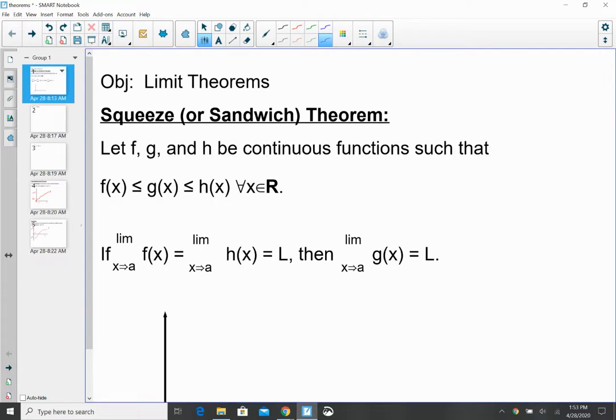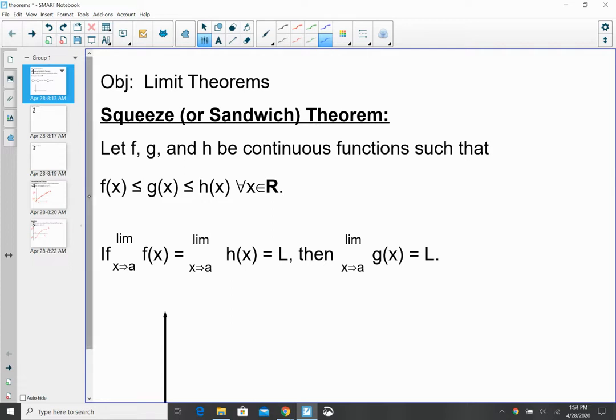Okay, so in order to use the squeeze or sandwich theorem, the concept is that we know something about two functions and we know a little bit about a third function, and the question is about that third function.